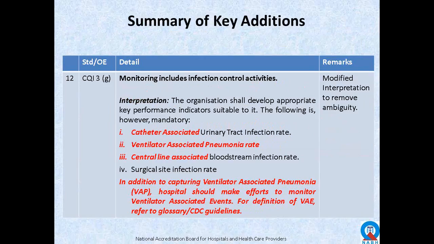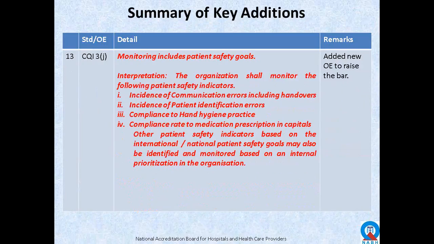But for an organization that has already reached the point of wanting to go to the next level, we should also introduce this term, VAE. So what has been added is that, in addition to capturing ventilator-associated pneumonia, the hospital shall also make efforts to monitor ventilator-associated events, and for the definition of this, you could look at CDC guidelines. So that term has been brought in here, and it's better that we start looking at it.